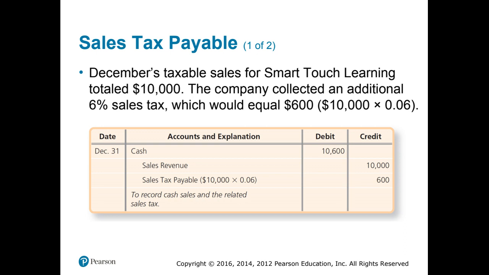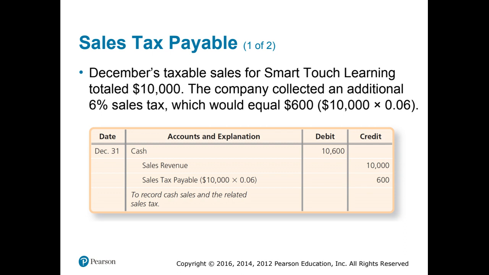And they also show you how this affects our accounting equation. If you look to the right in the book on page 557, it's showing us that our asset cash is going up because we received $10,600. And our sales tax payable, which is a liability, we owe this $600 now in taxes, that's going up.